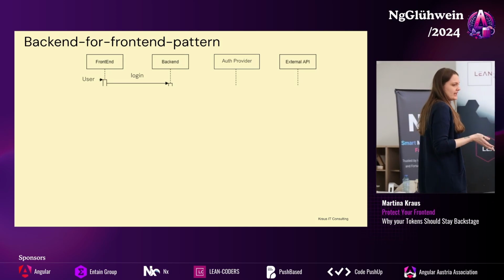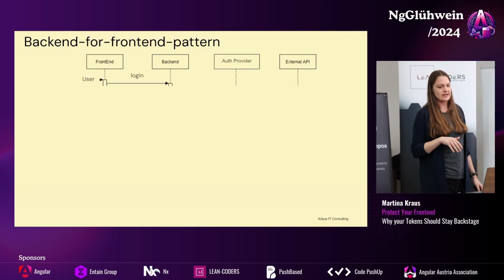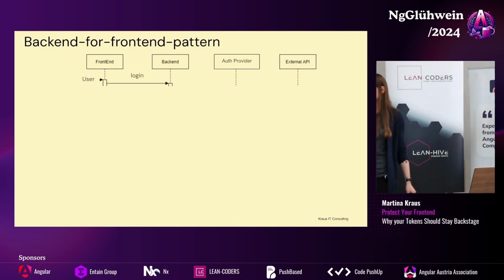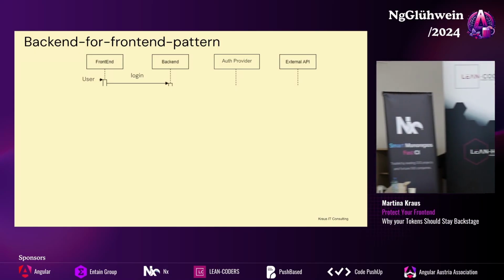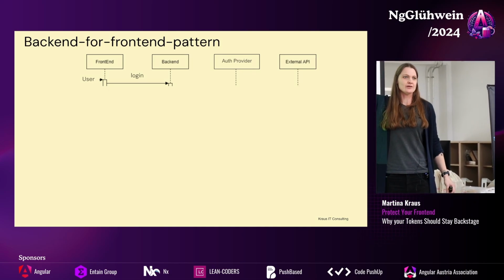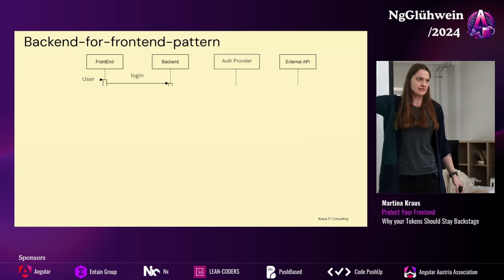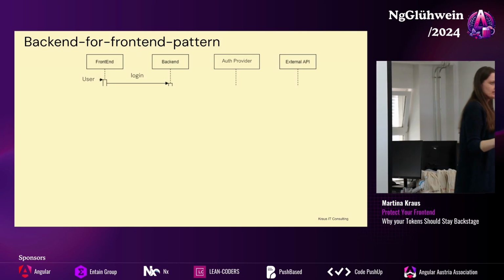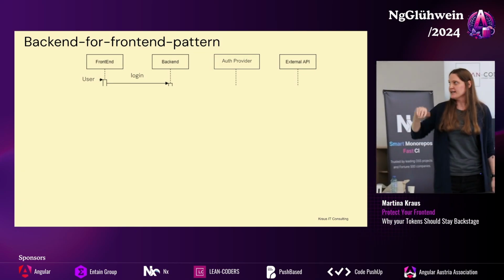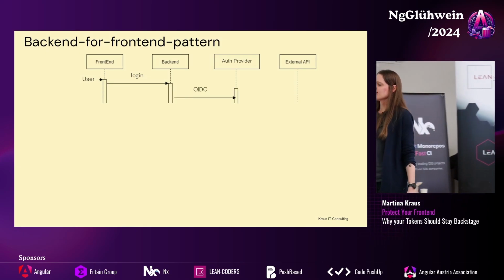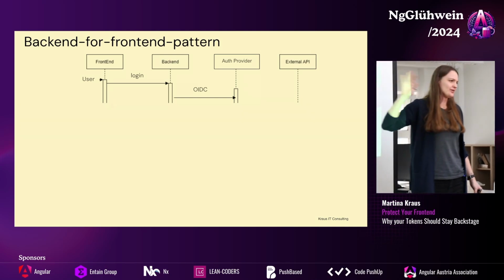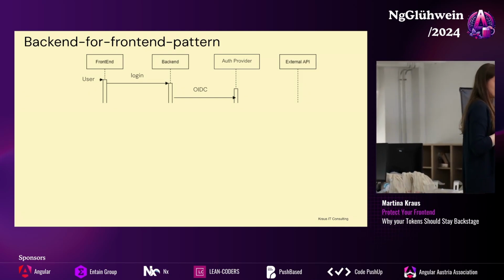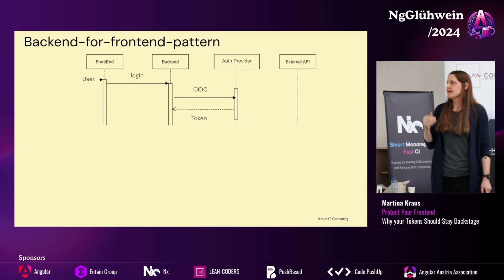And when you click on the front end login, you don't communicate directly to the auth provider. You're not allowed to get any token from the auth provider directly from your front end. You get the token from a backend by logging into this backend. This backend is doing the whole OIDC, OAuth flow, whatnot, with the identity provider, and it gets the token back.